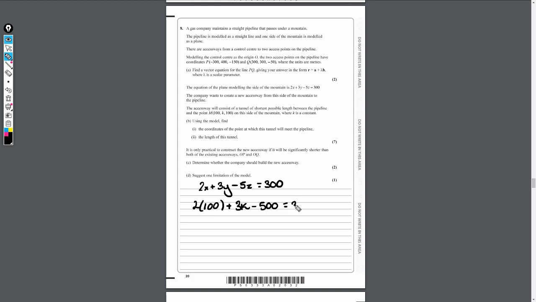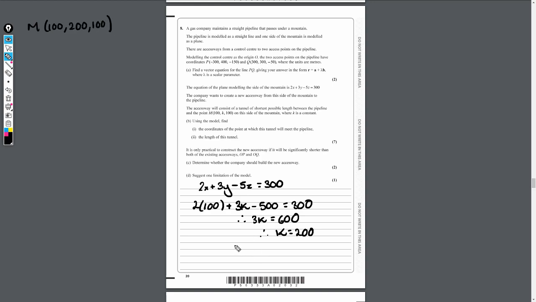This is equal to 300. So if we simplify this now, this will be 200 plus 3k minus 500. So if I simplify all this in total, I'll get 3k is equal to 600, taking it across to the other side, and then I can divide both sides by 3 to get k is equal to 200. So what we know now is that the coordinates of M is 100, 200 and 100.